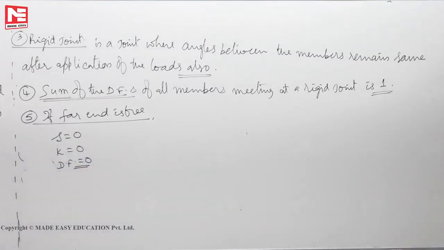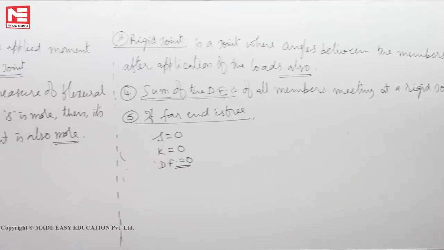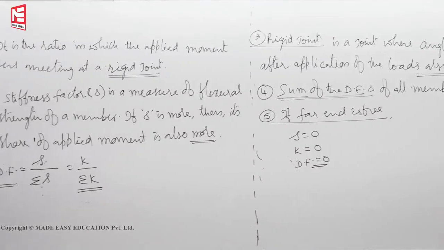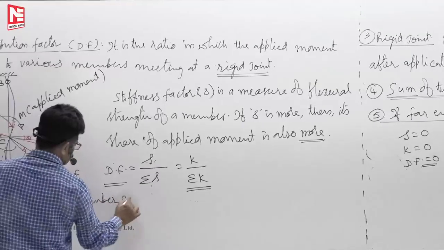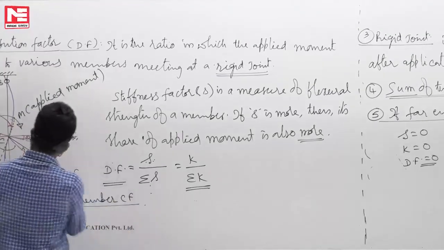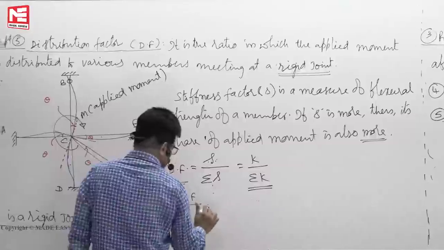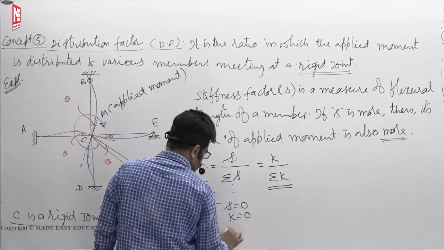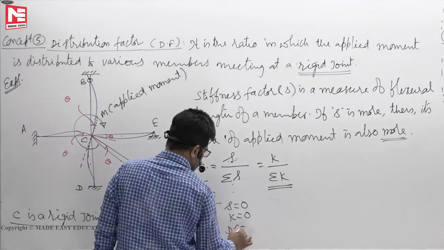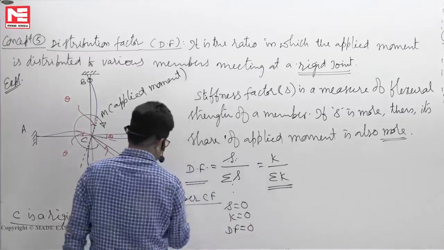If you come to here, for member CF, CF means far end is free, its stiffness factor, relative stiffness, distribution factor, all of them are 0.